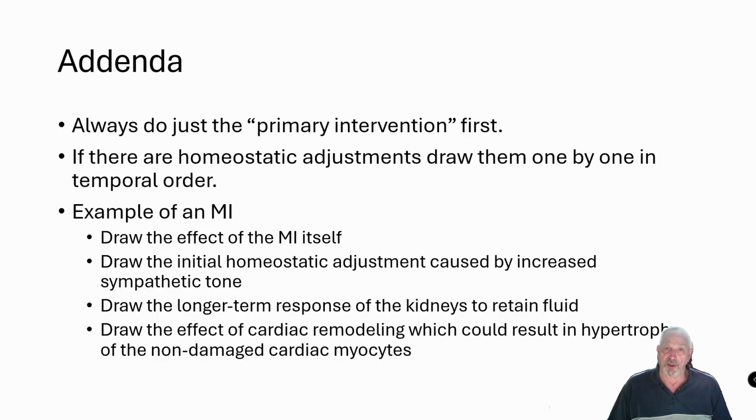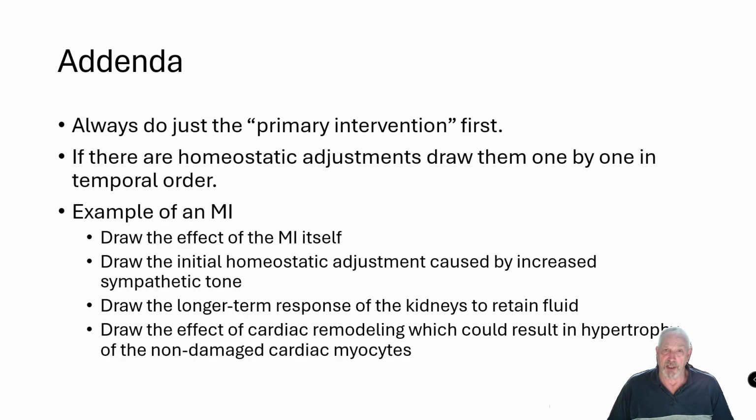So draw the curve for the primary intervention first, and then one by one you can deal with the homeostatic adjustments. So for example, in a myocardial infarction, what would the myocardial infarction itself do?